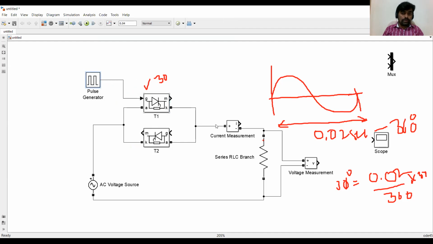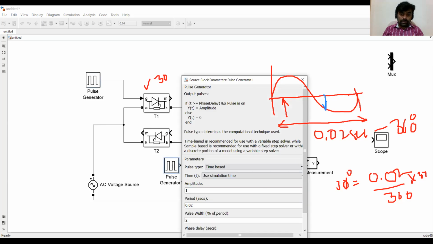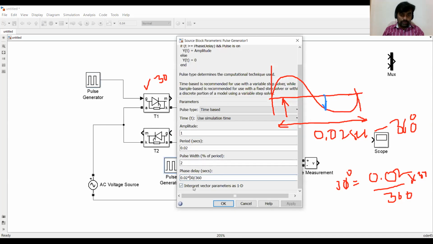Then if T1 is triggering at alpha, T2 has to trigger at pi plus alpha, right? So to have pi plus alpha, here I need to add 30 degrees plus 180 degrees.